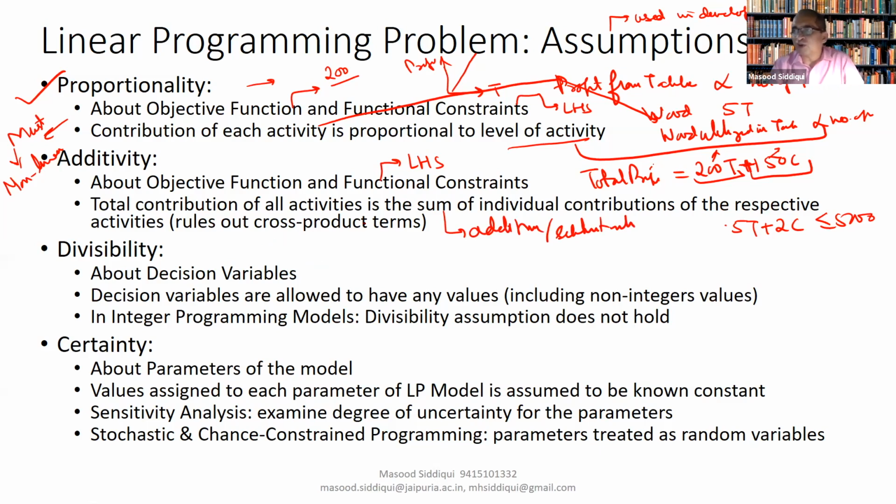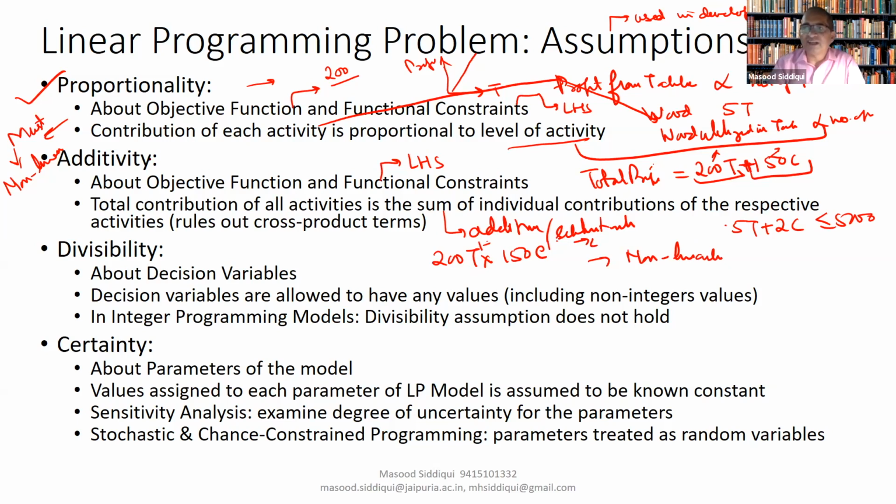It rules out cross product terms. If the decision variables are multiplied, they form a cross product term. Here the degree would be 1 and 1, so the degree would be 2 and it would become non-linear. The proportionality assumption does not rule out cross product terms, so we have to rule out the cross product terms.